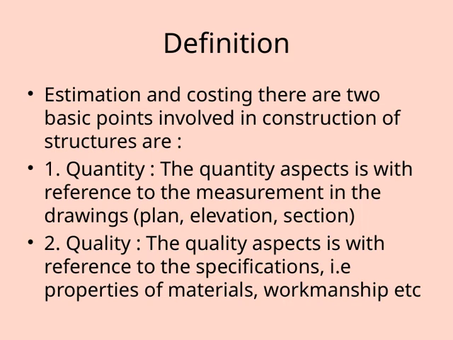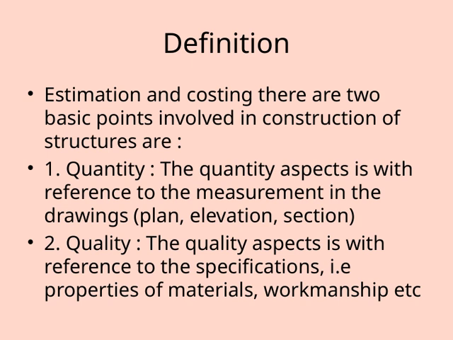Let's talk about the fundamental aspects involved in estimation and costing for construction. First, we have the concept of quantity. This refers to the measurement of materials or work needed, which is based on the drawings, like the plan, elevation, and section views. It's about accurately quantifying what's required for the project. Then we have quality, which deals with the specifications. This includes the properties of the materials used, as well as the workmanship involved.